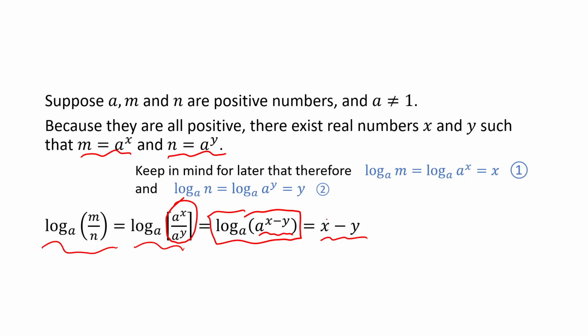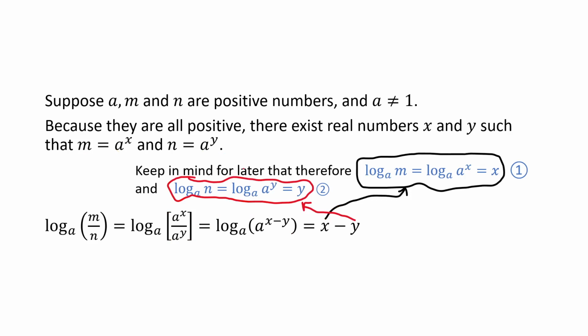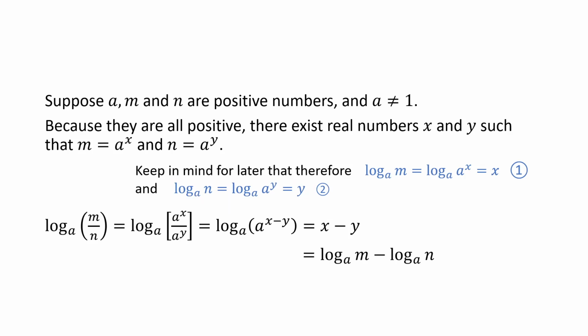But of course, x is log base a of m, and y is log base a of n. And so we can rewrite x minus y as log base a of m minus log base a of n. And we now have the formula that we were trying to establish, that the log base a of m over n equals the log base a of m minus the log base a of n.